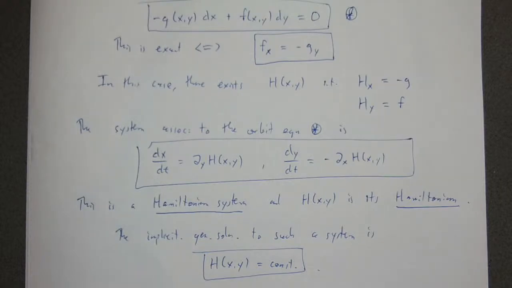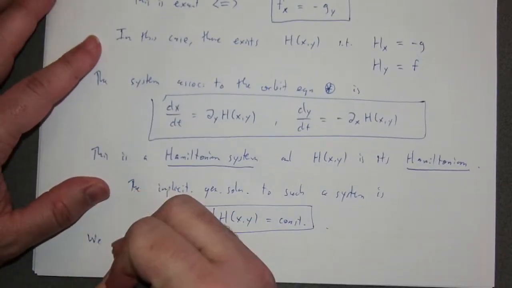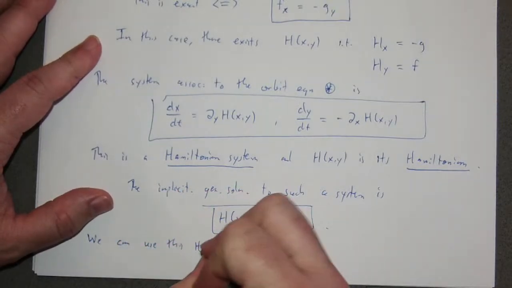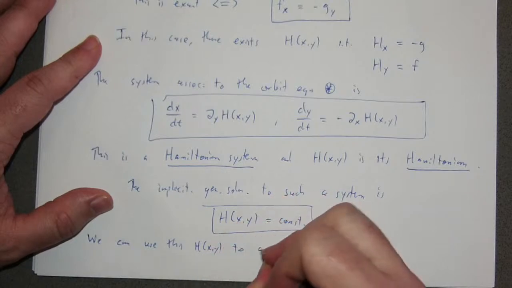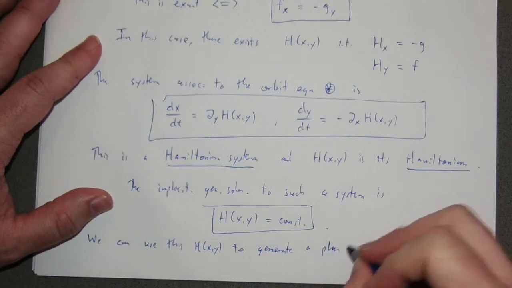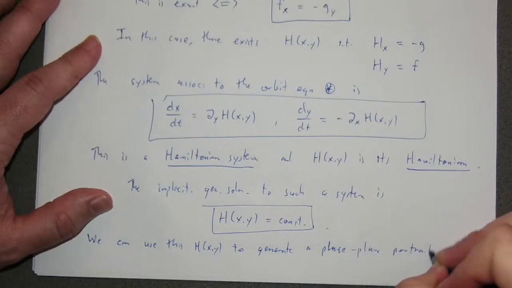Now, let's do this in more generality here in a second. The main thing here is we can use this h of xy to generate a phase plane portrait for the system.